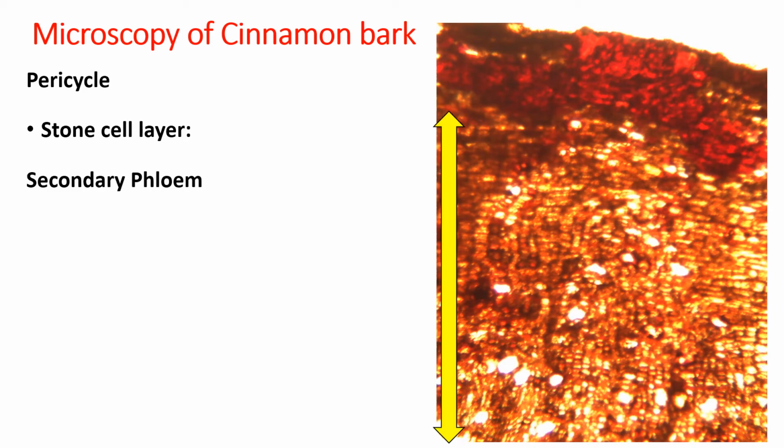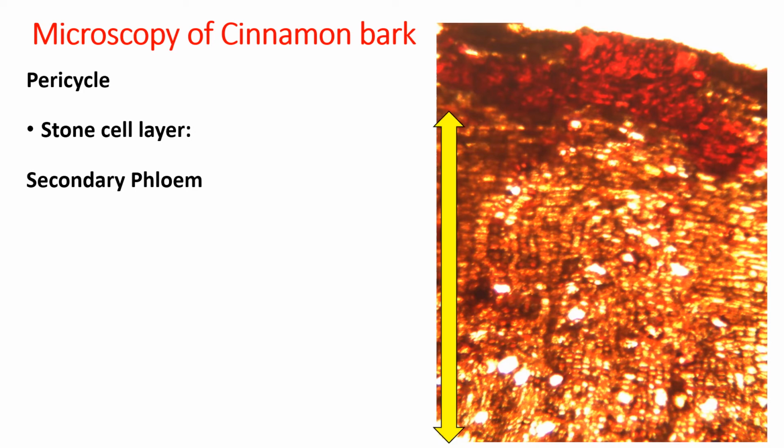Next is the secondary phloem region. So the first region was the pericycle, which was made up of a stone cell layer, and the second region is the secondary phloem. Why is it called secondary phloem? Initially this phloem was present inside the plant, that means in the living part of the plant, but since the plant has grown in a lateral, transverse direction, the central part has pushed this phloem towards the periphery.